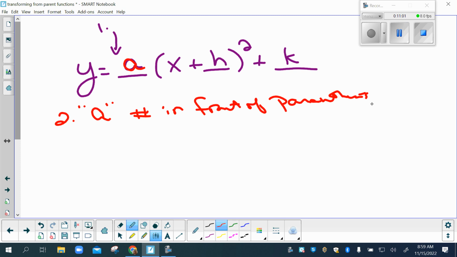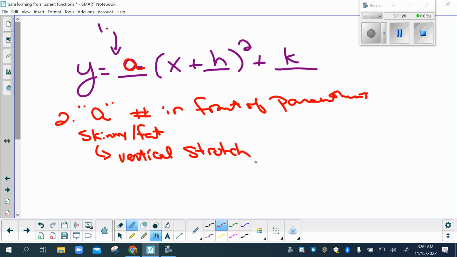He makes the graph really, really skinny or really, really fat. He's our skinny fat guy. But in math we don't call it skinny and fat. He's got a name, and if it's really skinny, that's called, and you're going to write this down, a vertical stretch. That's because you're stretching it up. It's a vertical stretch.